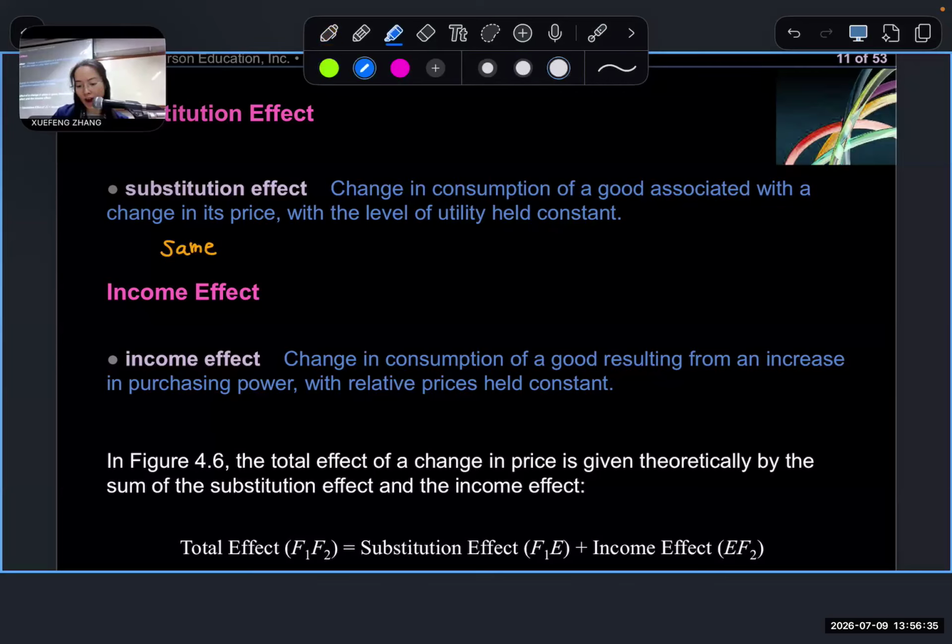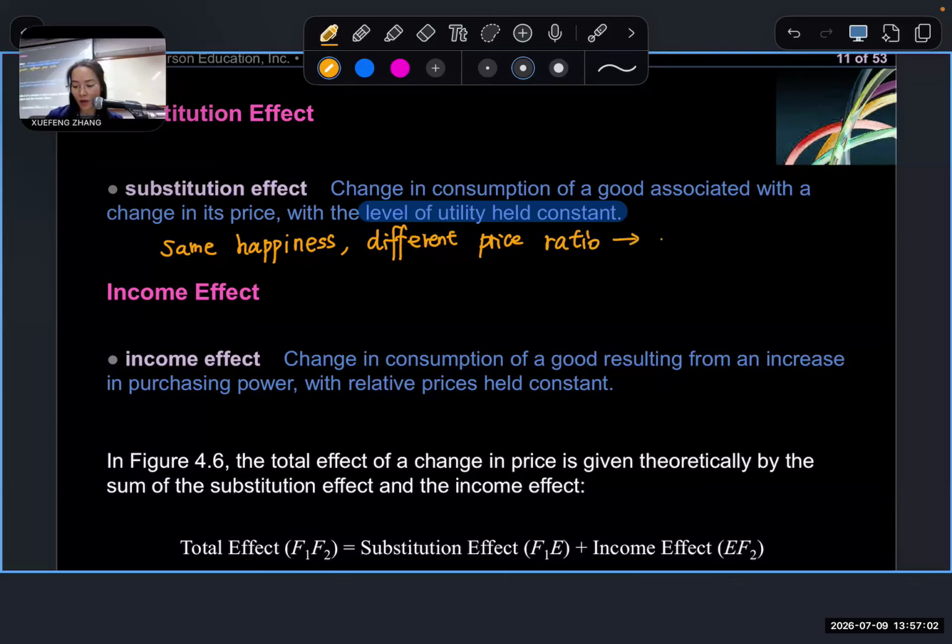Because here we are holding the level of utility constant, right? So the same happiness, but a different price ratio. And normally we're gonna swap to the cheaper one.